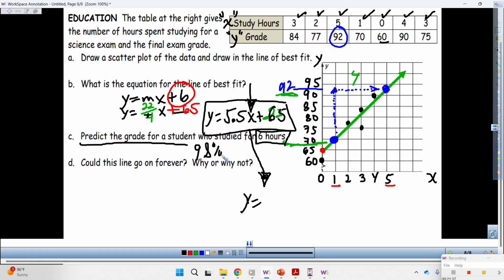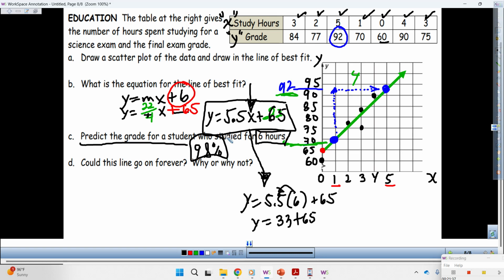Okay, 98%. Let's double check. 5.5 times 6 plus 65. This multiplied times that, that's 30 and 3, so that's y equals 33 plus 65, and that gives us 98. Ooh-wee. Oh yeah, we got this.